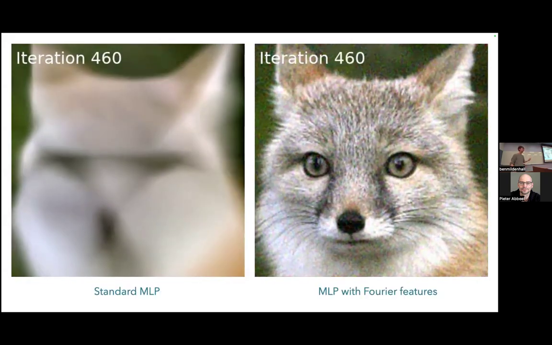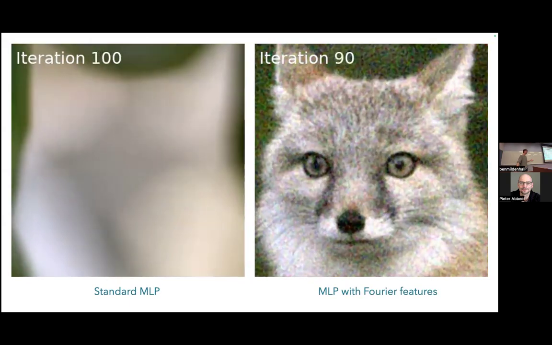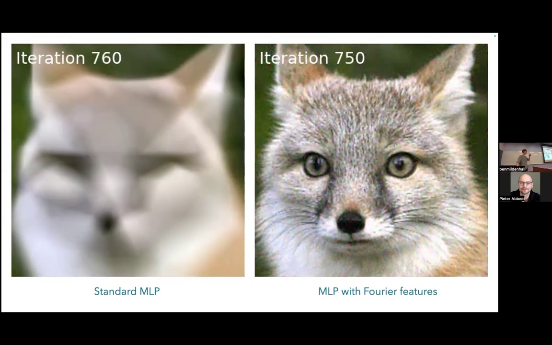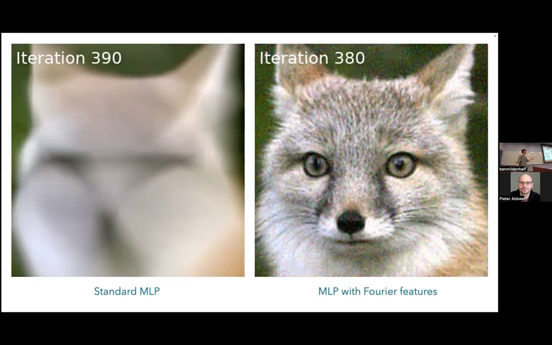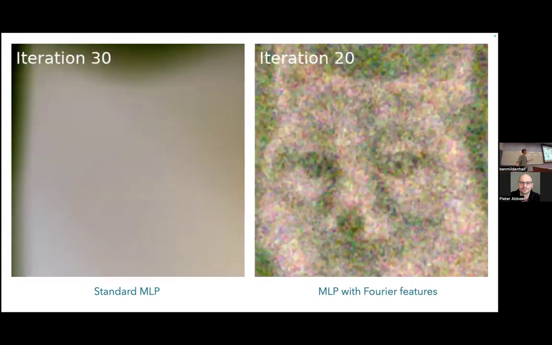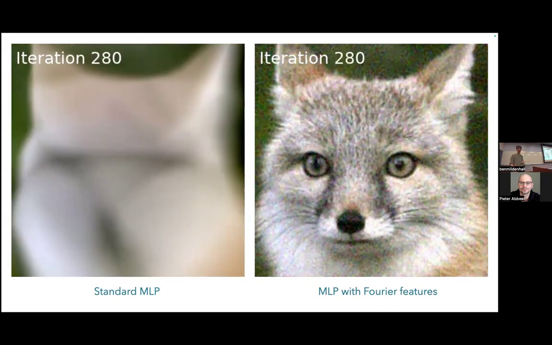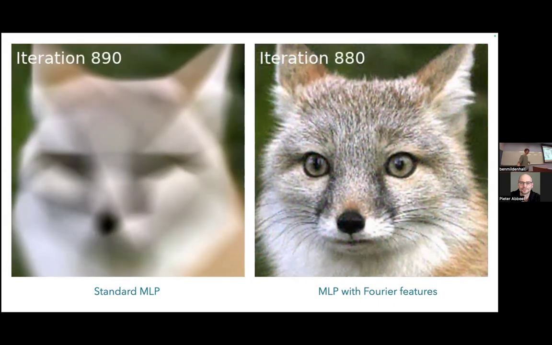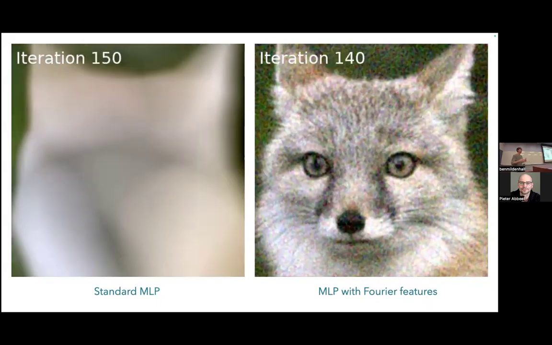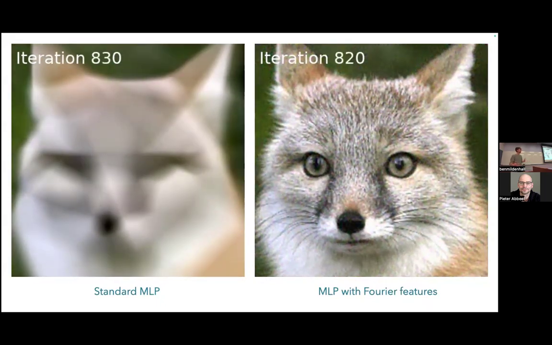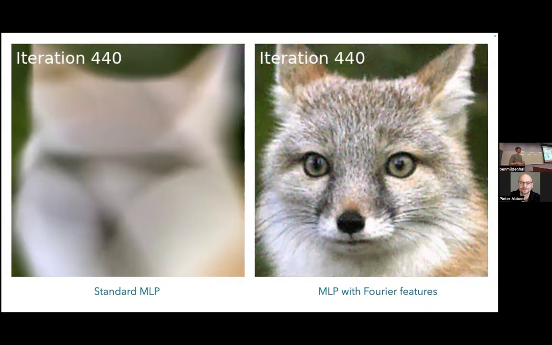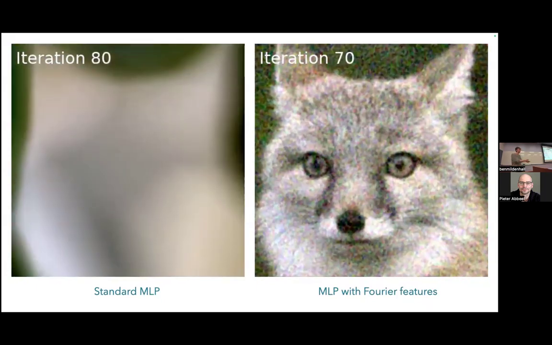If you do this, basically putting the mesh grid coordinates through a bunch of sines and cosines of increasing frequency, you get this thing to converge essentially instantly compared to what it was doing before. And it turns out there's a bunch of underlying theory explaining that networks themselves are biased toward very low frequency components of the inputs, but you can manipulate that by giving them these higher frequencies to work with.